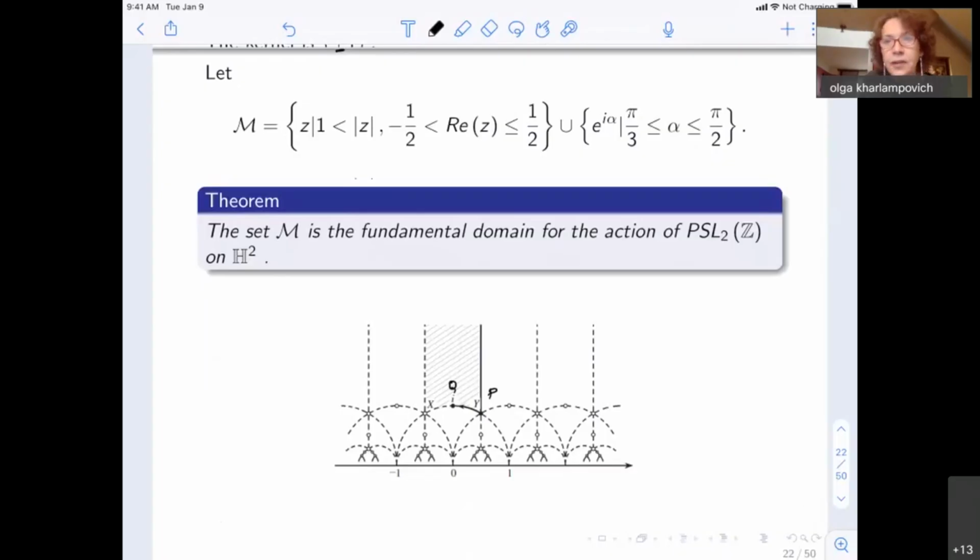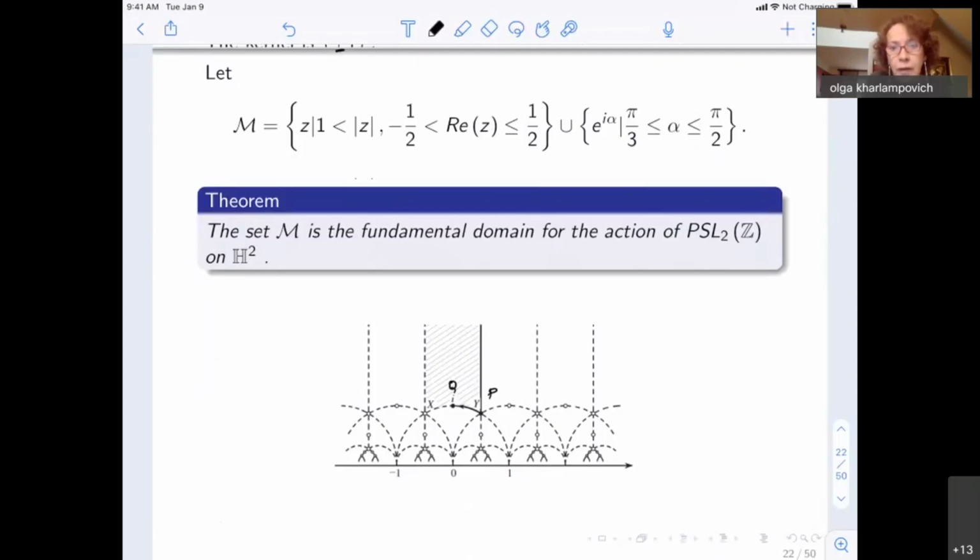So this is a fundamental domain: the whole plane can be obtained by transforms of this area under the action of PSL2Z.